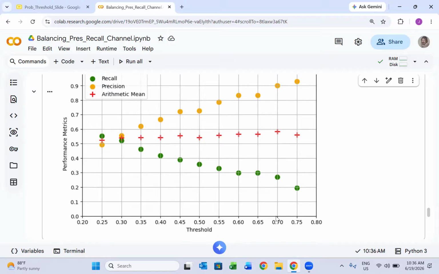Guess what? 0.7 is a very bad option. Why? Because it results in a very, very low recall. For 0.7, the recall is below 30%. Guys, there is no way on earth that a good classification solution gives us a recall below 30%. That's one of the issues with attempting to use the arithmetic mean to navigate the trade-off.